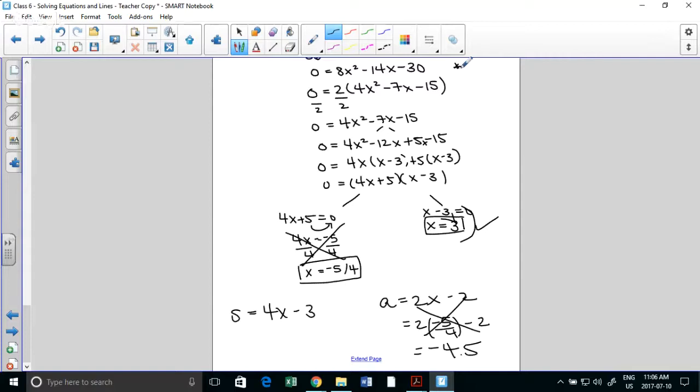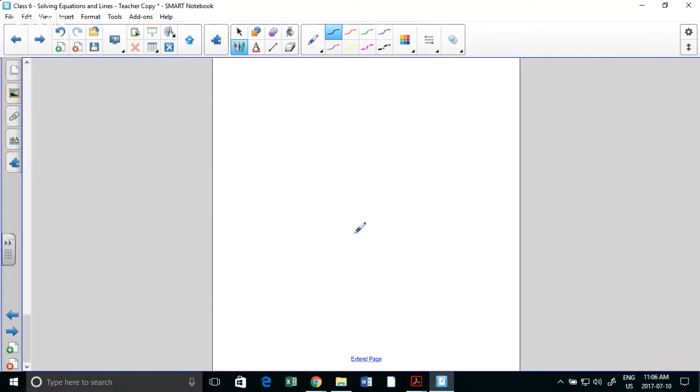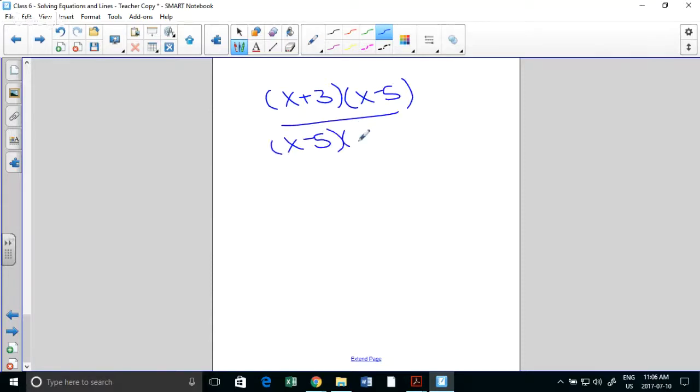Okay, cool. So just one more side note, something I wanted to take a look at with you. Restrictions. You have to find the restrictions before you cancel out.